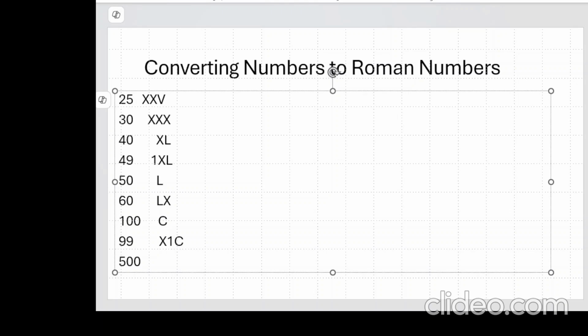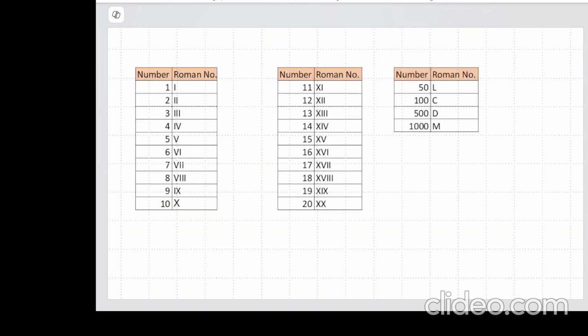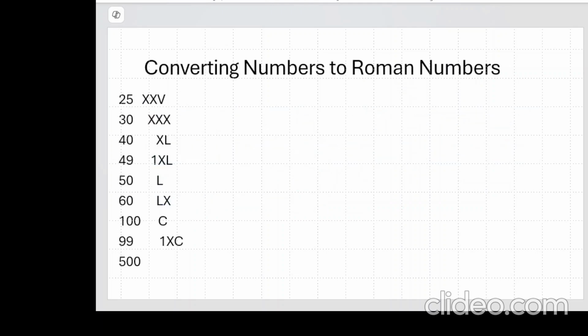So which means here I'll be writing it as XCIX, this becomes 99. And from the given table we know 500 is D. So I'll go ahead and write it as D.